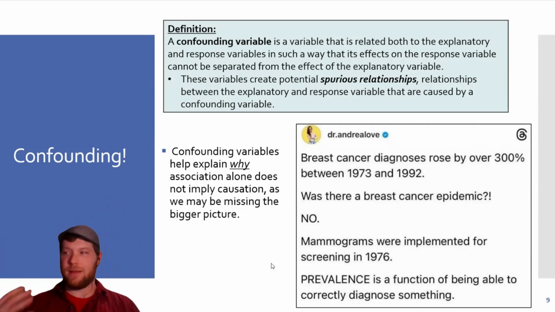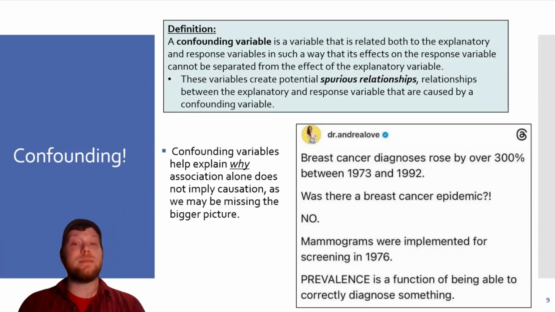Another great example. Breast cancer diagnoses rose over 300% between 1973 and 1992. Was there a breast cancer epidemic? No. In fact, what really happened was that mammograms were starting to be implemented for screenings in 1976. When mammograms were implemented, they detected breast cancer much earlier.